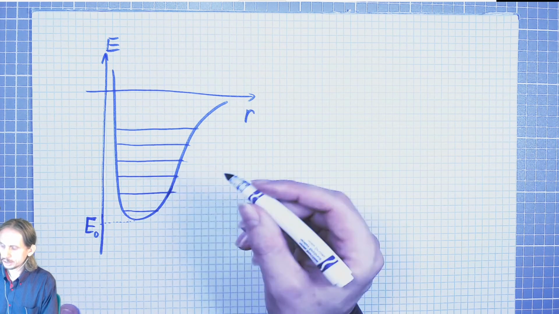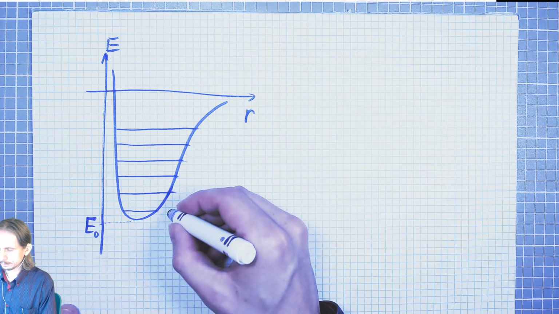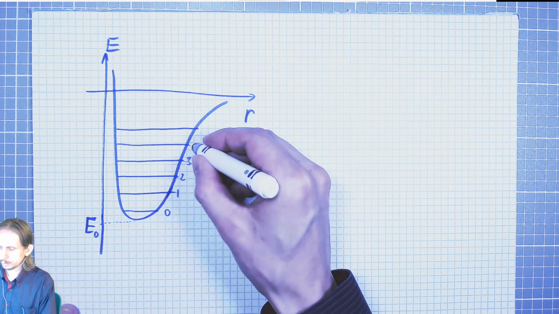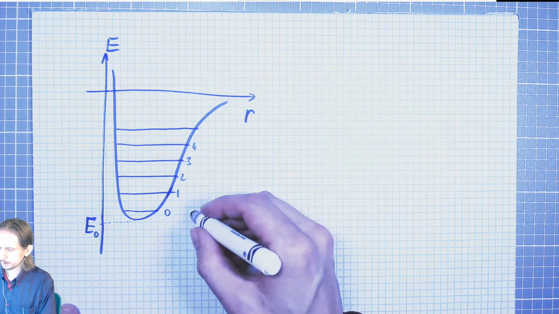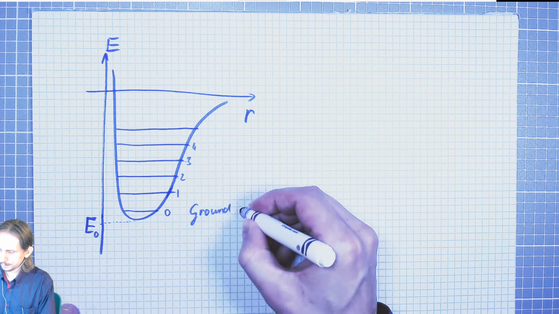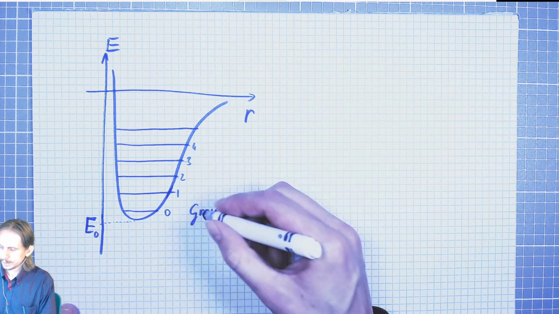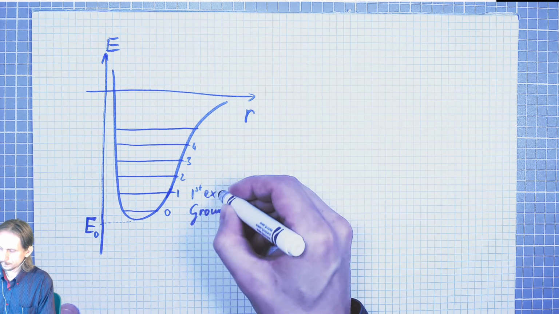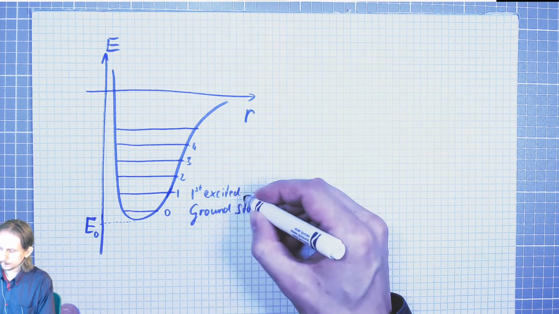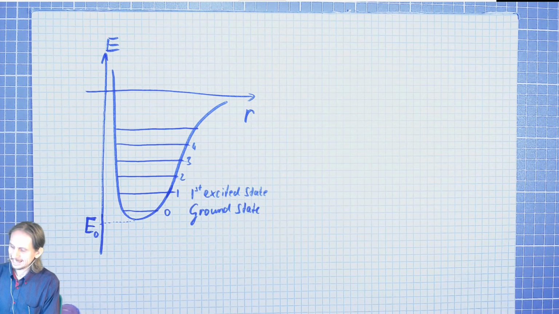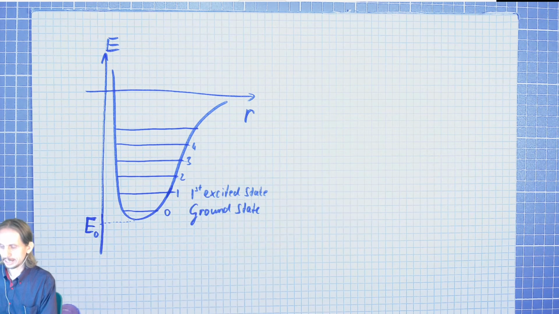For vibration energy, these are labeled as levels 0, 1, 2, 3, 4, and so on and so forth. 0 is called the ground state. 1 is the first excited state, and so on and so forth. The distance between these lines is always exactly the same.